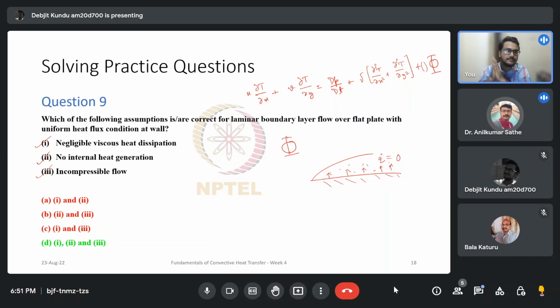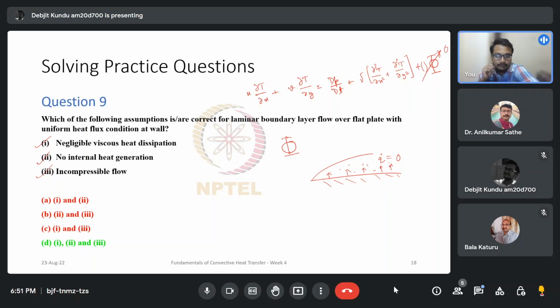If we rub our hands, there is friction and heat gets created, friction between layers. That is considered in some cases, but where the Mach number is low, where the velocities are low as well as viscosities are low, we don't have to worry about this term, and this is neglected in most cases. That is why negligible heat dissipation.